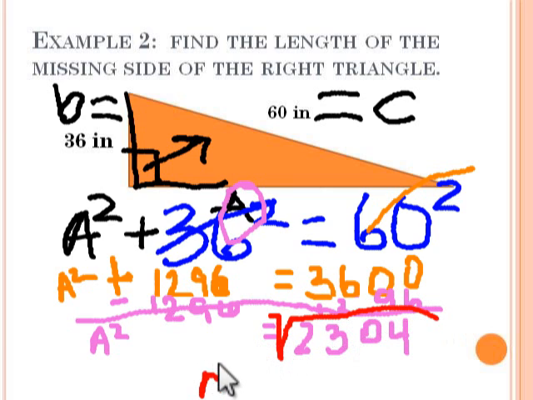And of course you can do that on your calculator. That means that A equals 48. And since this is just the length of one side, it's 48 inches.